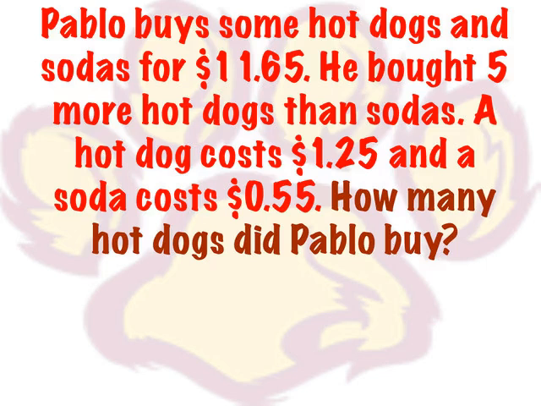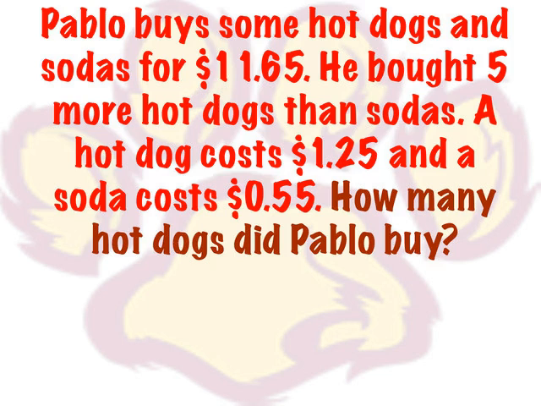If you read the first sentence, it says Pablo buys some hot dogs and sodas for $11.65. We can't get a correct equation from there, because to get a money amount, we need to know money with it. So the number of hot dogs and the number of sodas doesn't fully equal $11.65.